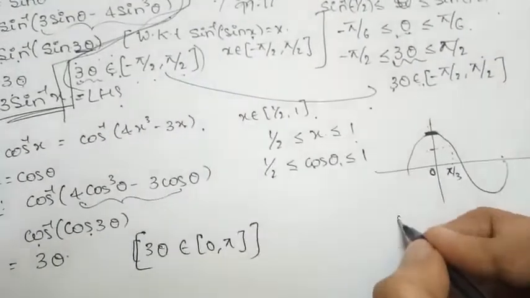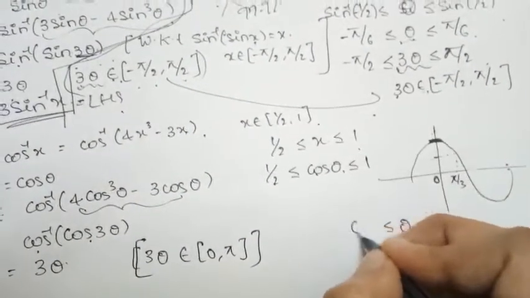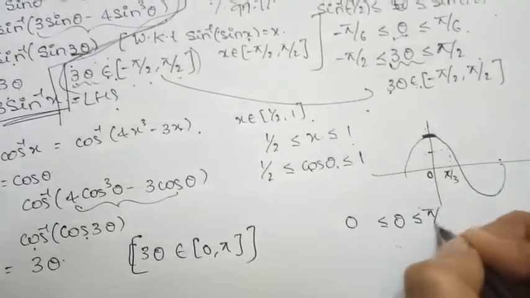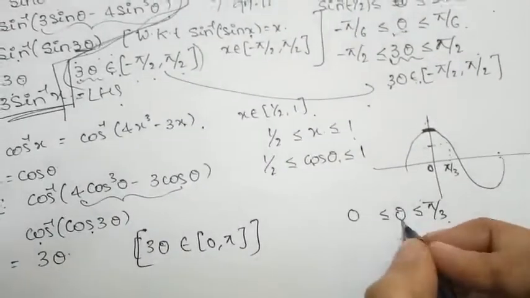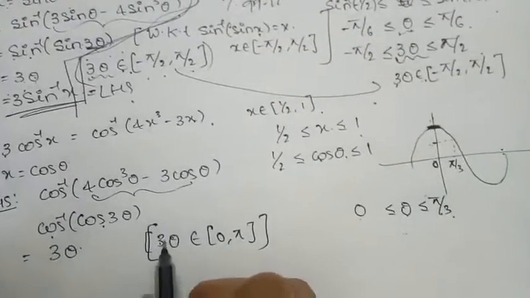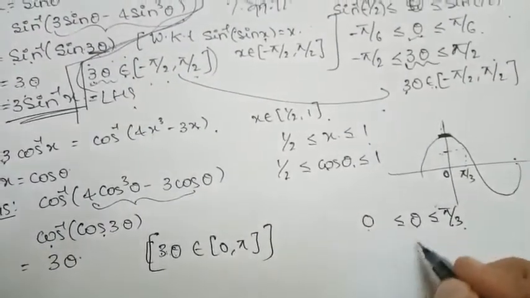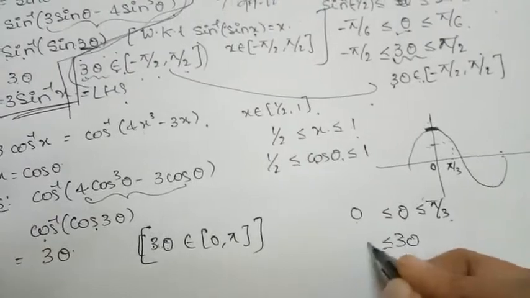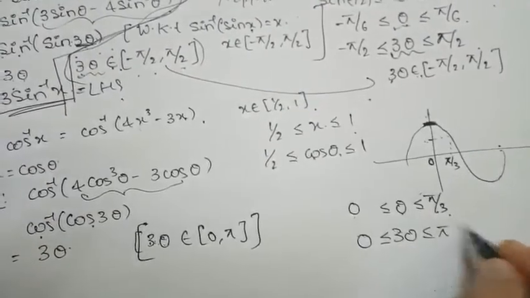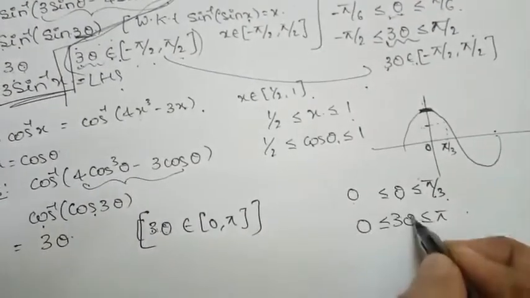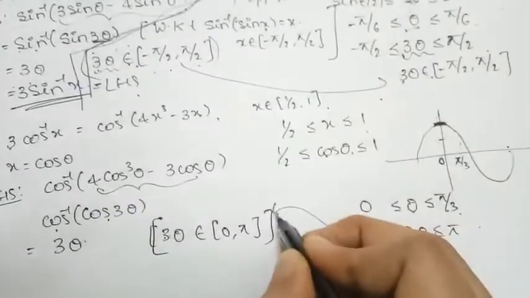So clearly our theta is varying from 0 to pi by 3. But what we require here is 3 theta. If we multiply by 3, here it is 0 itself, and here it becomes pi. Clearly our 3 theta is ranging from 0 to pi.